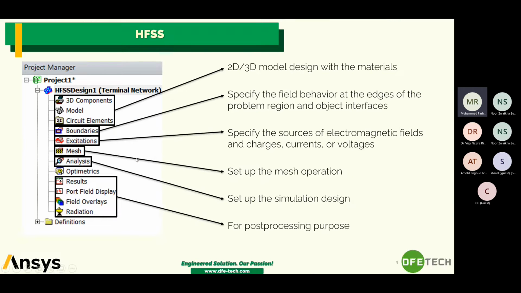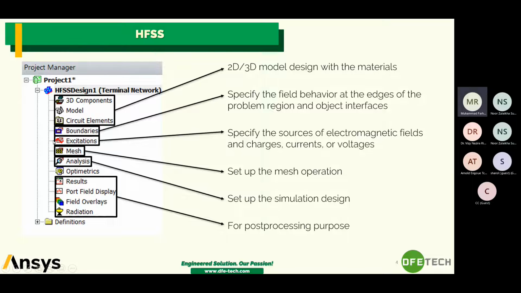So for the HFSS workflow, this is inside the HFSS project manager. Firstly, the 3D components, model, and circuit element. This is for the model design tools with materials. Next, after we create the 3D design, we need to add the boundaries to specify the field behavior at the edge of the problem region and object interference.